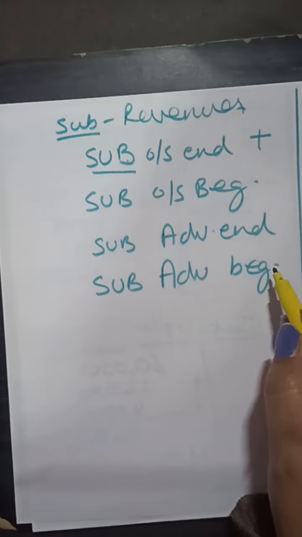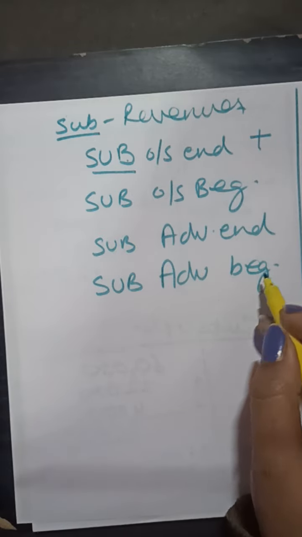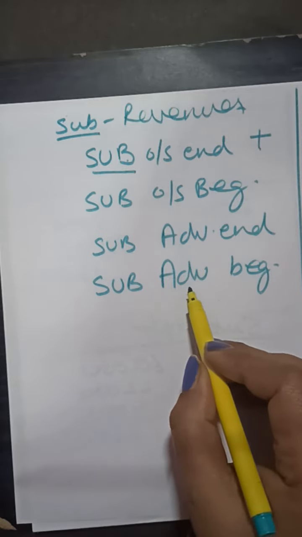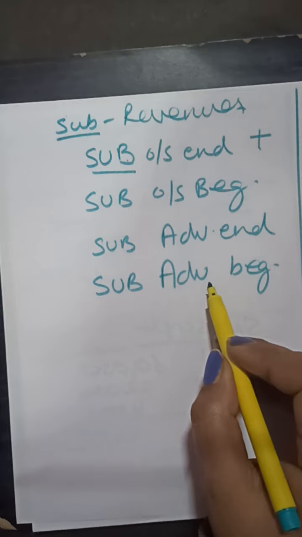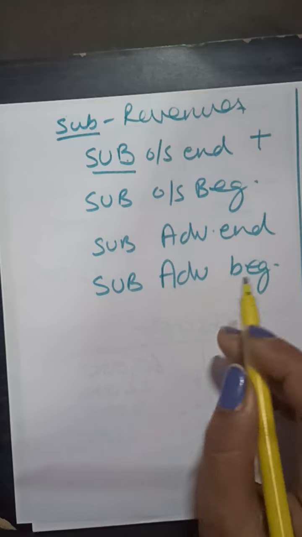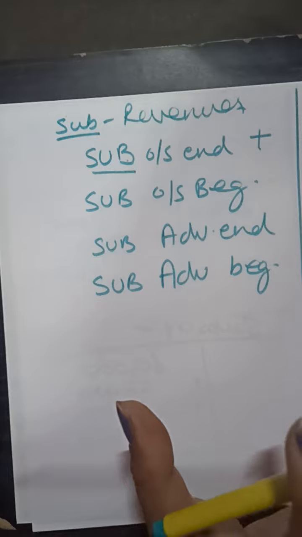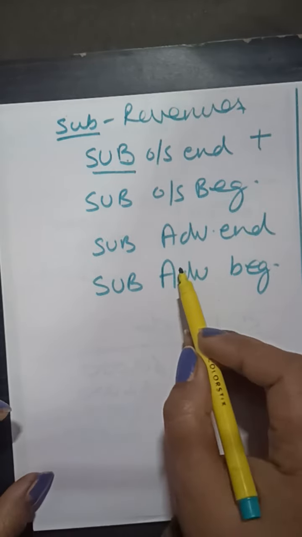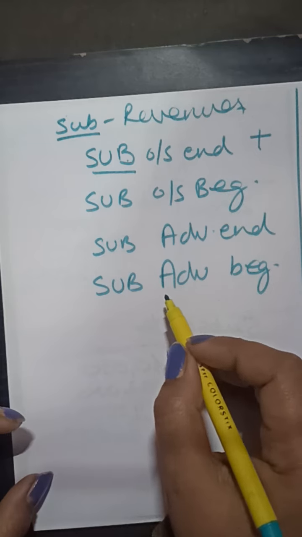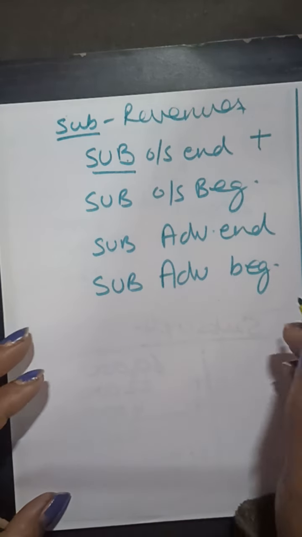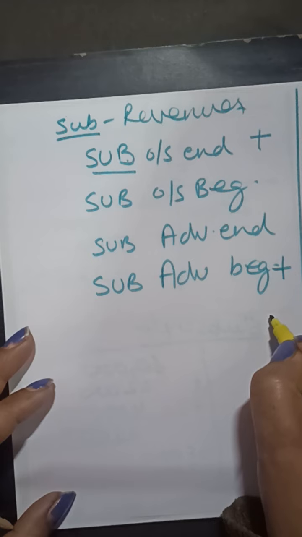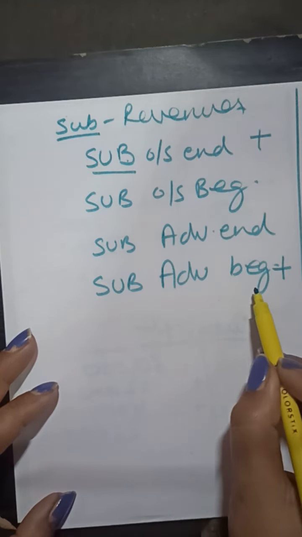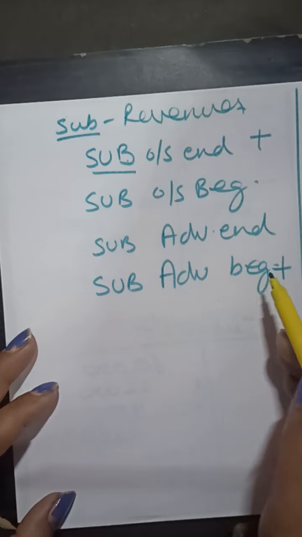And the subscriptions received in advance at the beginning of the year: the advance receipts, the period has not yet passed, but in the very beginning of the year they were received. The whole year is still to come, that means they relate to this year. This also will be taken. Outstanding at the end and advance at the beginning will be added.